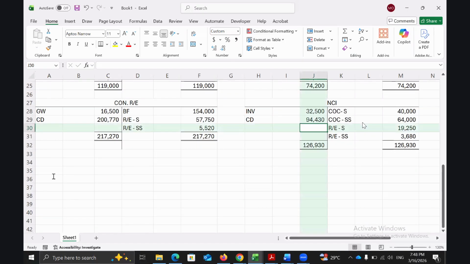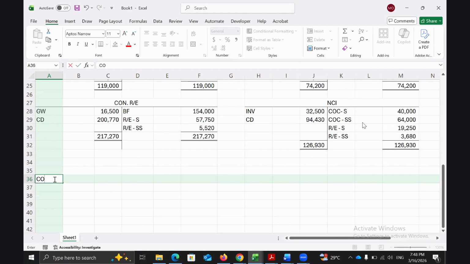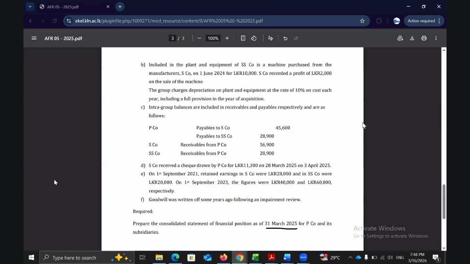Okay, now we'll prepare the consolidated statement of financial position. Here.